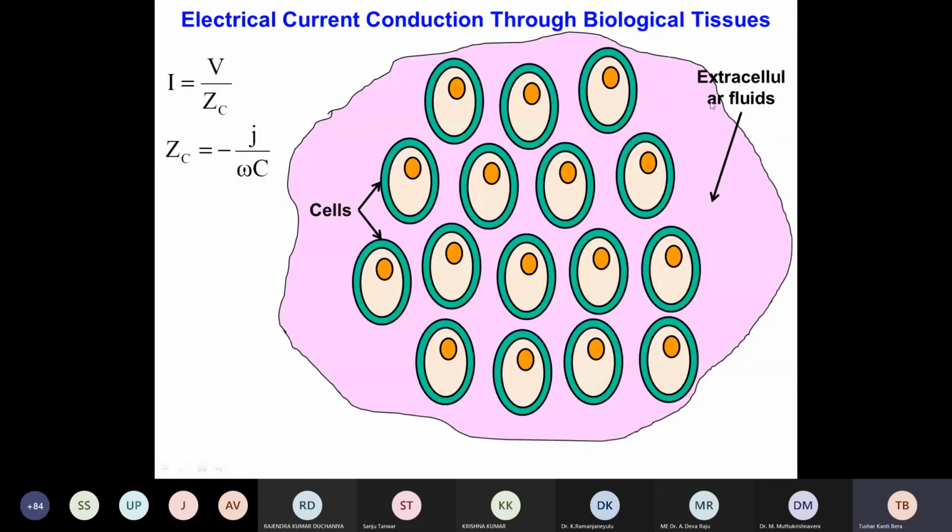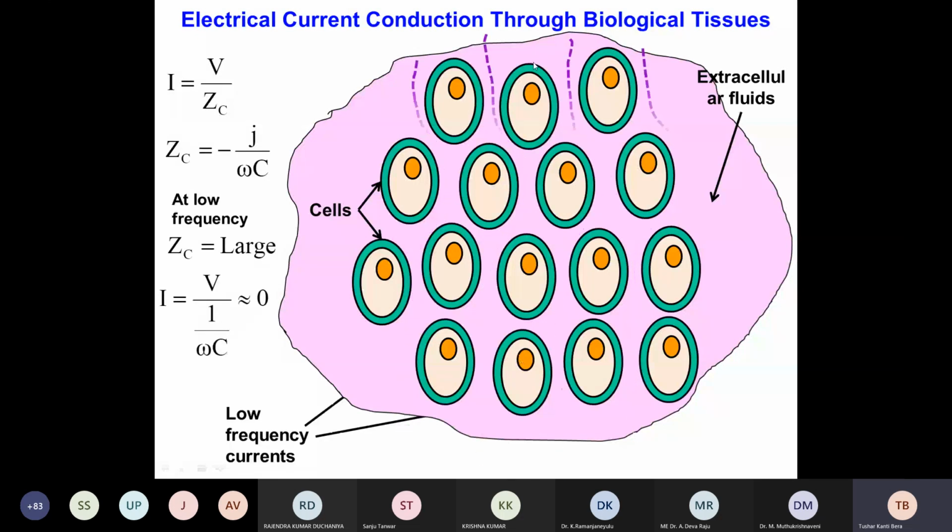Okay, so if we have a tissue model, the cell equivalent model for the impedance is understood, and whenever there are several cells, if we take a 2D model of this, and assume that some electrode is applied here and another electrode is put here for sending current, alternating current excitation, we will see that at low frequency 1 by omega C will have a high value.